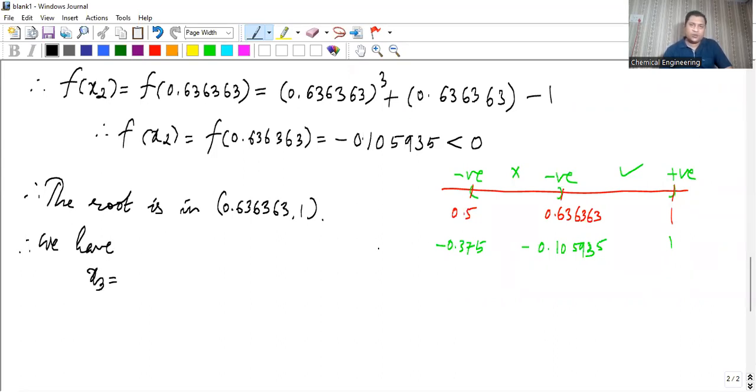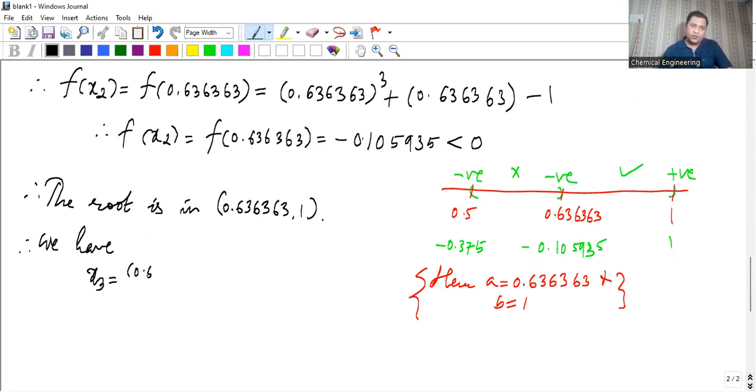So x3 is equal to, here a becomes 0.636363 and b is 1. For this x3, a will be this and b will be this.